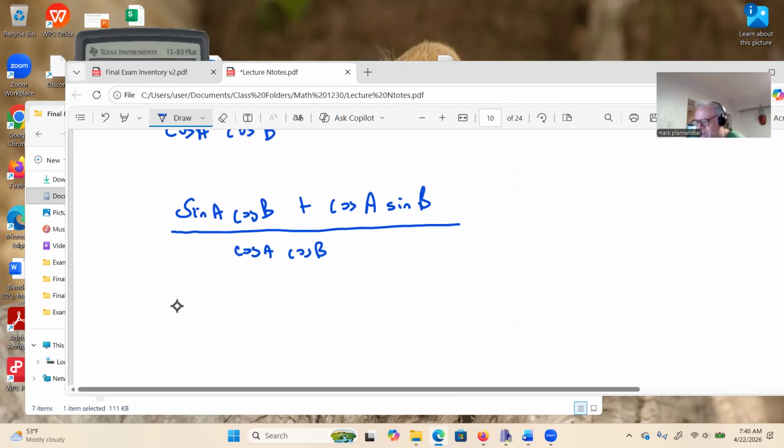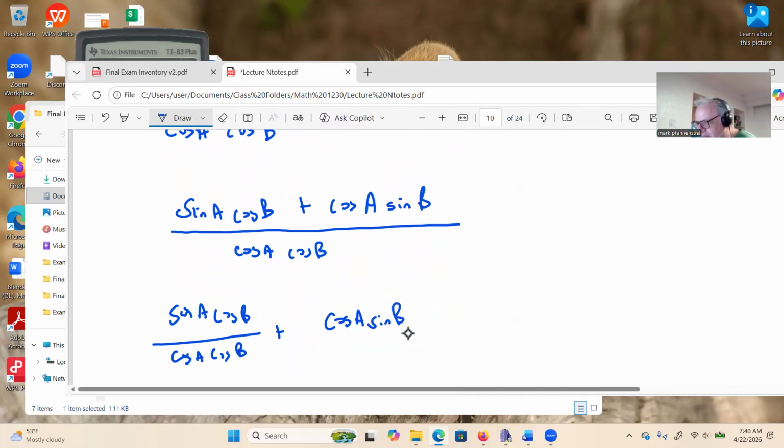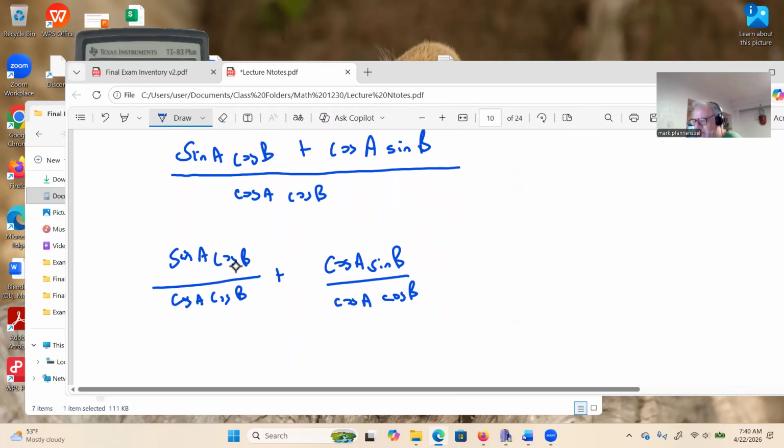So what I'm really going to do is say this is sine A cosine B over cosine A cosine B plus cosine A sine B divided by cosine A cosine B. Well, some of these line up pretty nicely, right? We have a cosine over a cosine, those cancel. We have a cosine B over cosine B here, or cosine A, so this cancels.